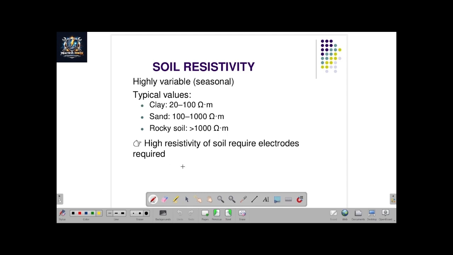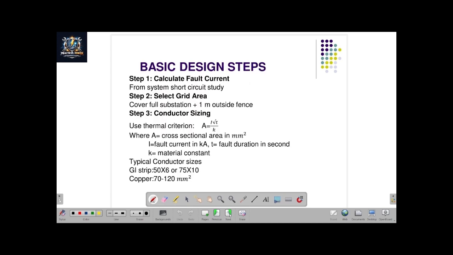Then another thing is your basic design steps. What are the design steps during the design? The first step is to calculate the fault current. Calculate the fault current from the short circuit study. From the short circuit study, you can find out the fault current.